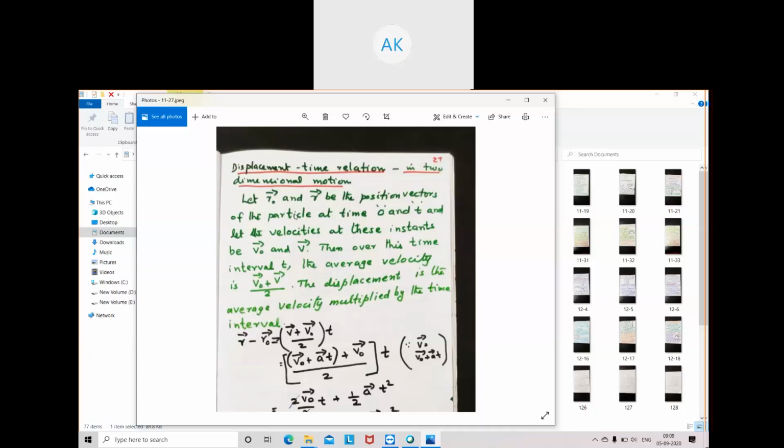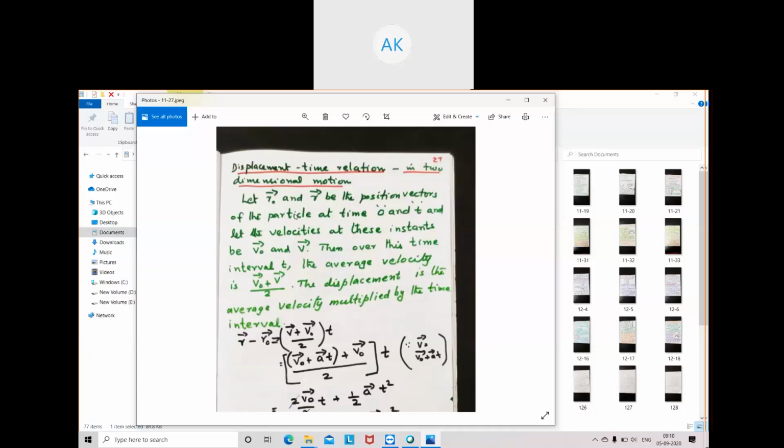At that time its velocity will not be v0, because it's an accelerated motion. Initially it started with 0, velocity increases like that. Uniformly it is increasing. So when it is at position vector r, time is t, and velocity is v. Let the final velocity we are taking as v. So initial velocity v0, final velocity v.